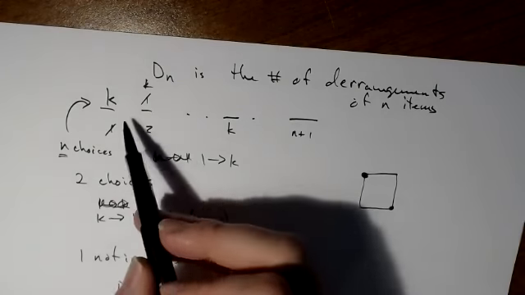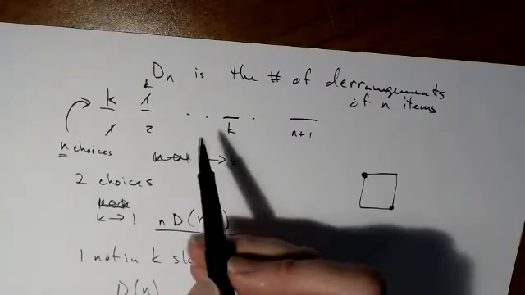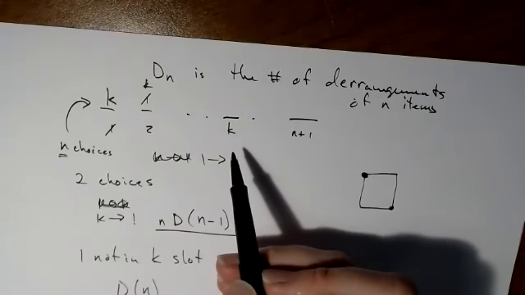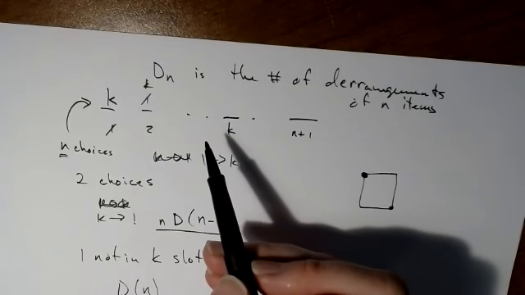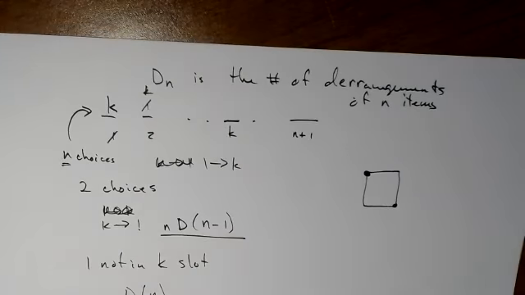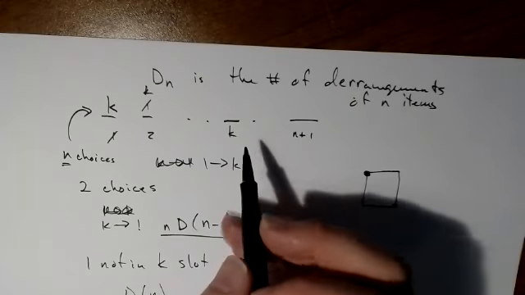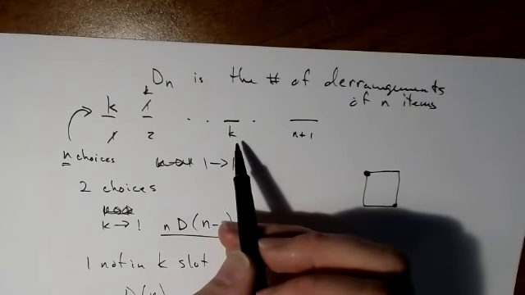So that's not exactly what I did, but I'm just saying that if we treat the 1 and the k as the same, then what's left to assign is 2 through n plus 1, not counting k.